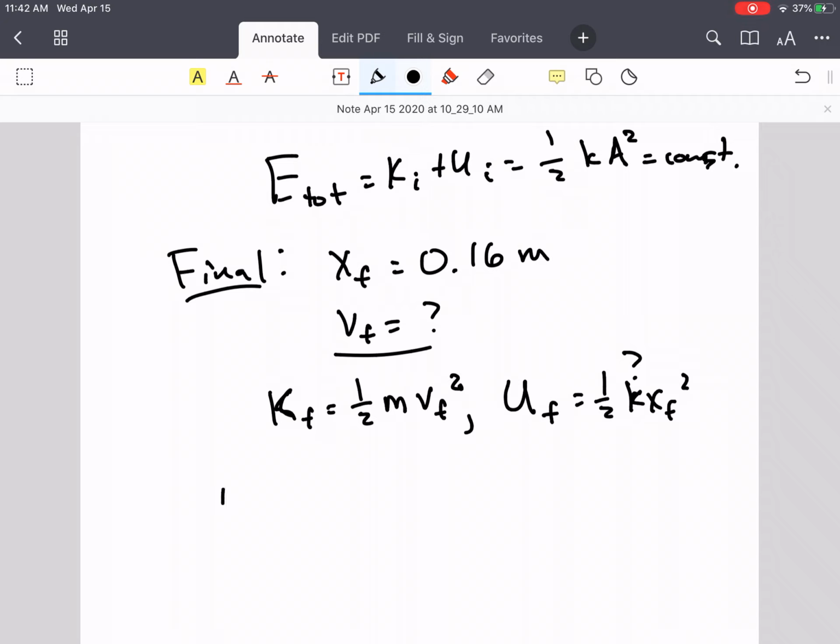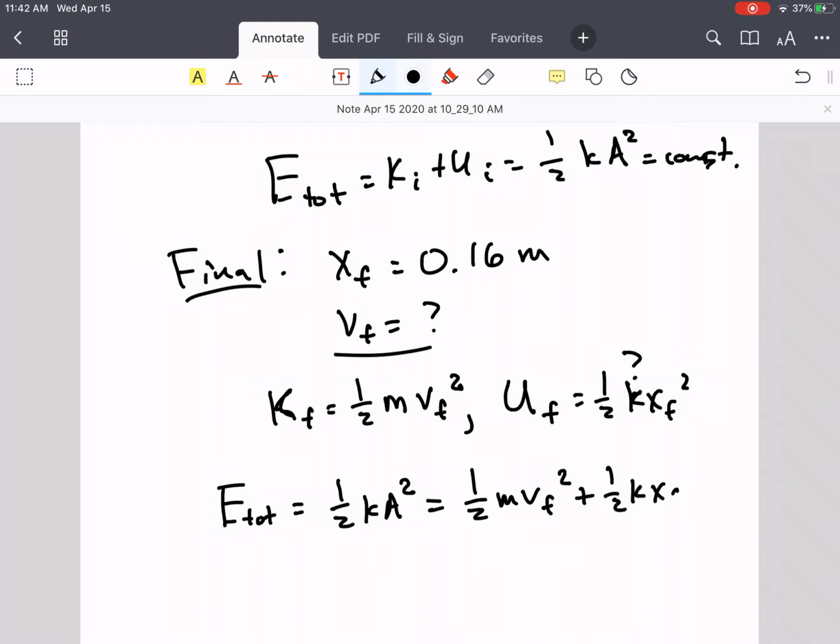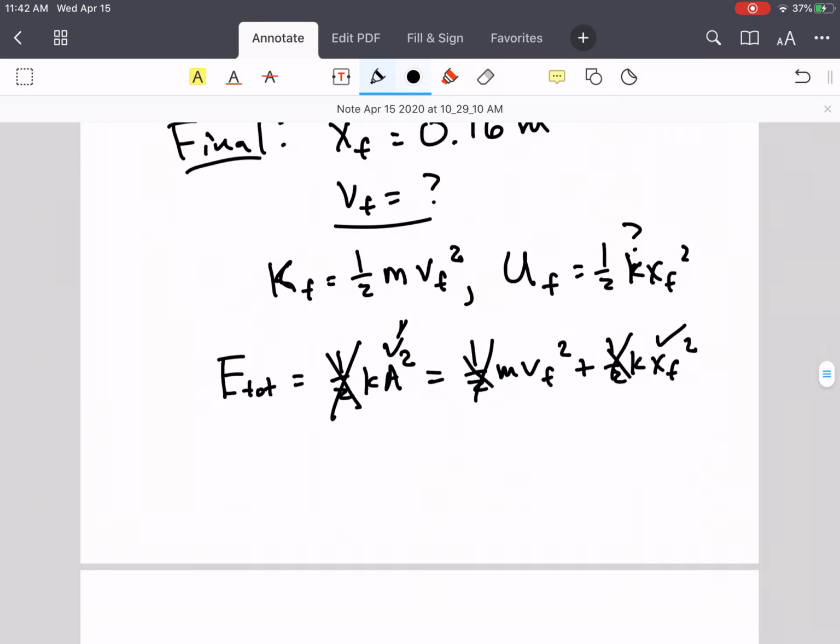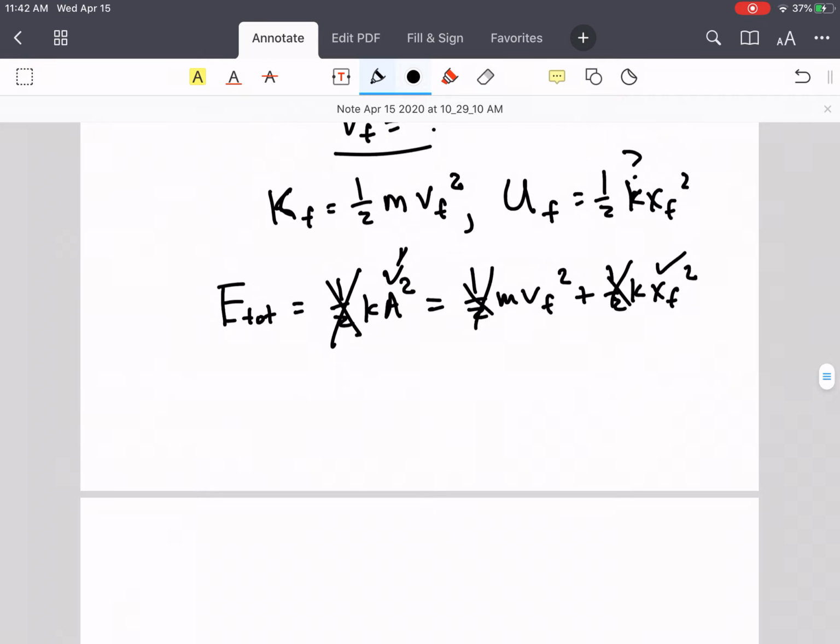So now, if I plug this into the equation, I have that my total energy is equal to 1/2 kA squared from earlier, and now it's equal to my final kinetic energy, because energy is conserved, so that's 1/2 m v final squared plus 1/2 k x final squared. Nice thing, all those halves cancel, great. I know amplitude, and I know x final. But I'm not quite able to solve the problem yet because there are a few too many unknowns. However, I do know one other thing.